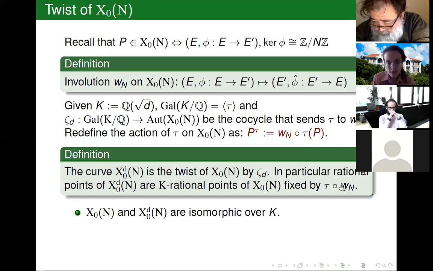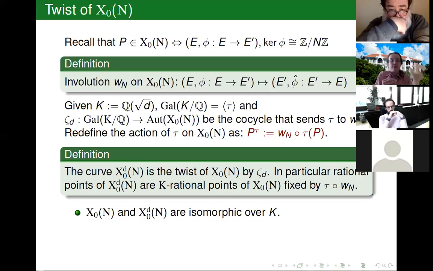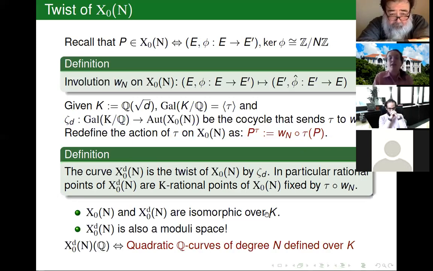Okay. All right, so again, what do we know about these two curves? We have X0n and its twist. These are isomorphic over the quadratic field K. They are not the same curve over Q, obviously. This twist is also a moduli space. Its rational points parameterize the quadratic Q curves that we are interested in.